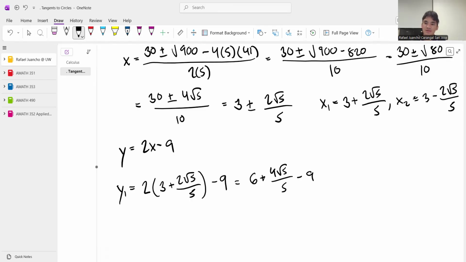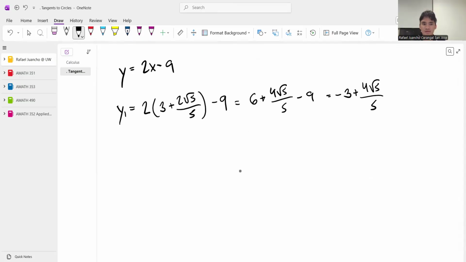So that would be a number. That would be negative 3 plus 4 square root 5 over 5. Okay. Now to get y, the other coordinate, that would be 2 times 3 minus 2 square root 5 over 5 minus 9.